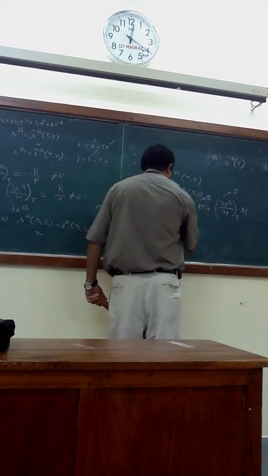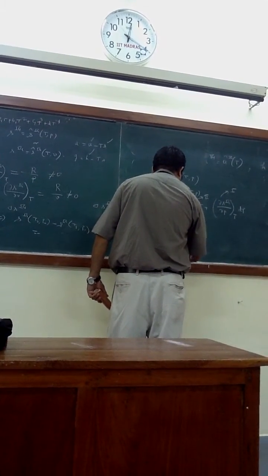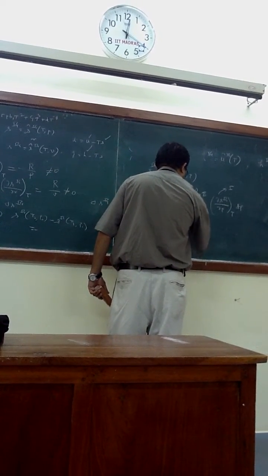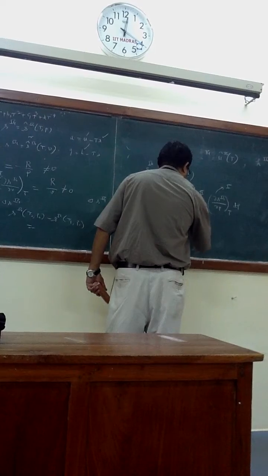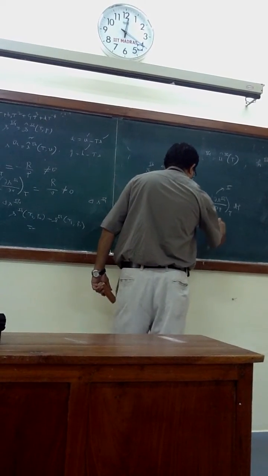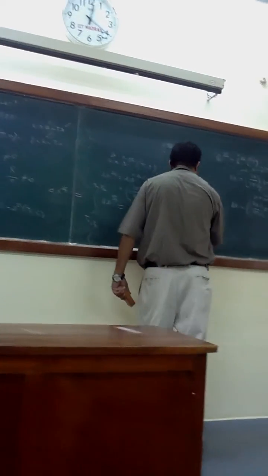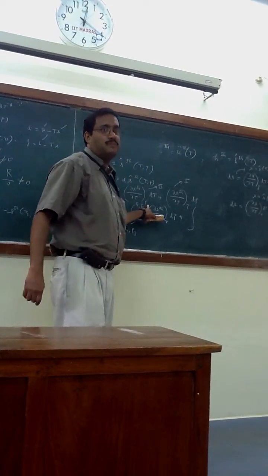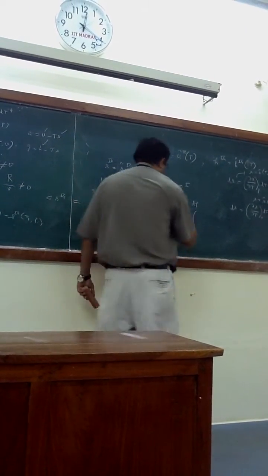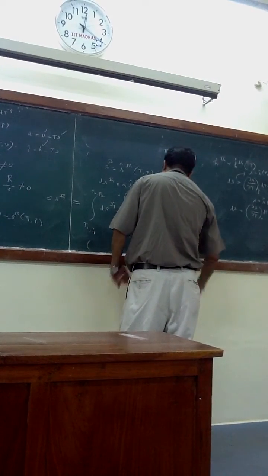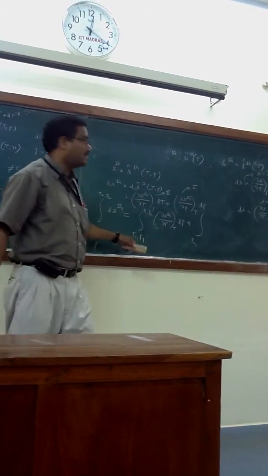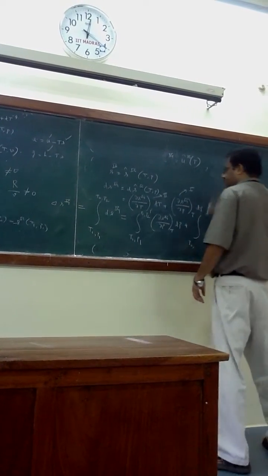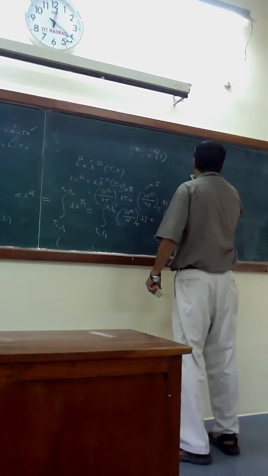So it is the integral from (T1, P1) to (T1, P2) of dou S ig by dou P at T dP, plus the other term where pressure is fixed at P2. That means this will be at P2, right? The temperature was fixed at T1 here, right? Your diagram is there with you.